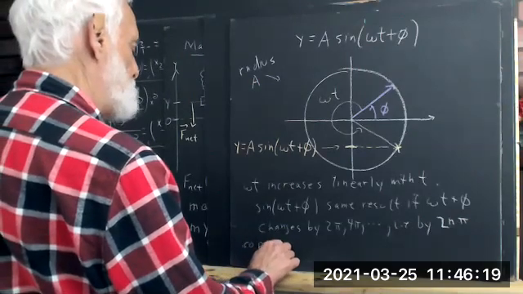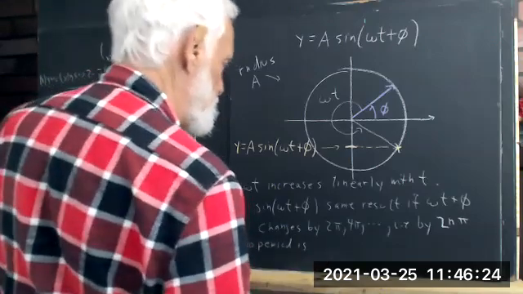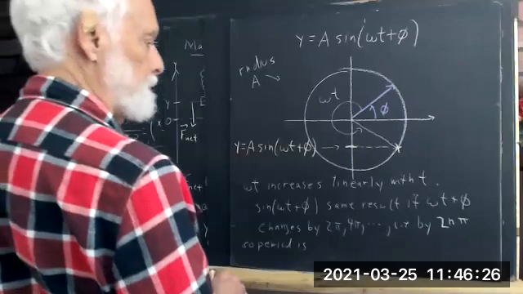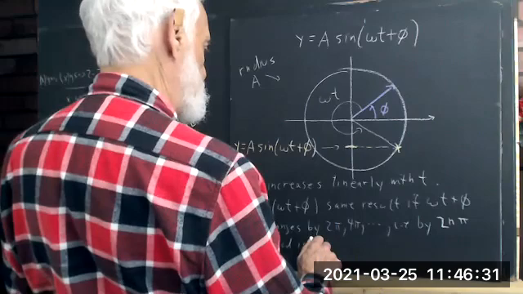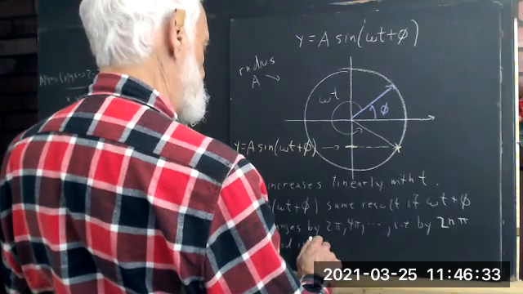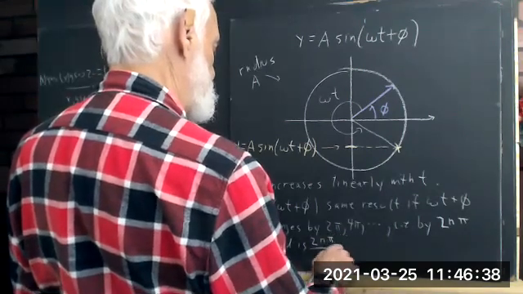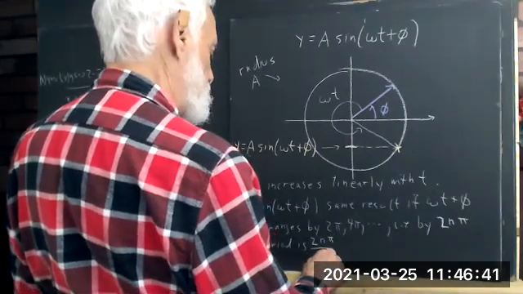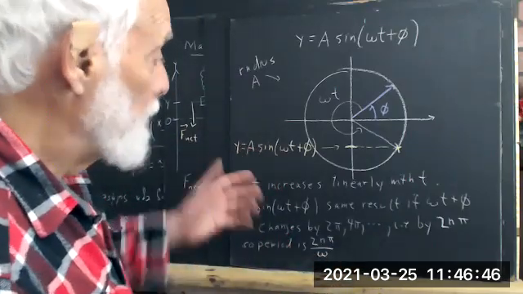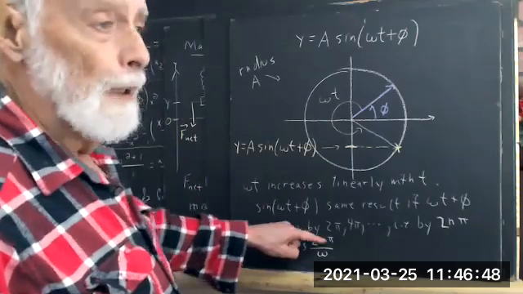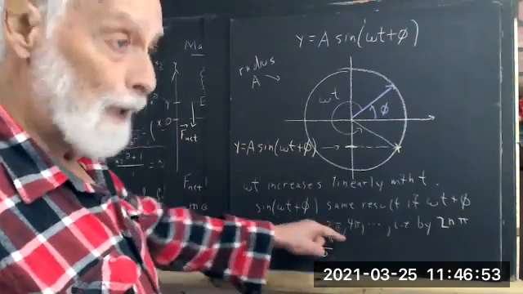So the period is 2n pi over omega. Because if t changes by 2n pi over omega, omega t changes by 2n pi.